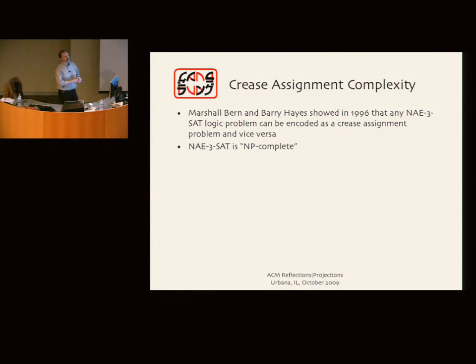If an efficient solution existed for the origami problem, it would give an efficient solution to a wide range of other very hard problems. So in fact, they proved that origami is hard, which is something that we origami people knew all along. But what it showed was that origami problems relate to some of the most fundamental problems in computer science and mathematics today.